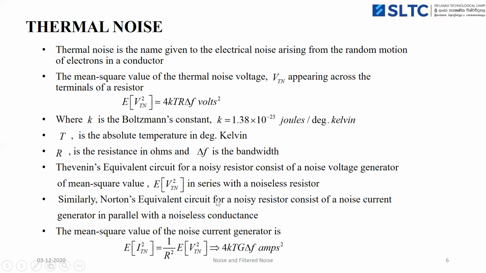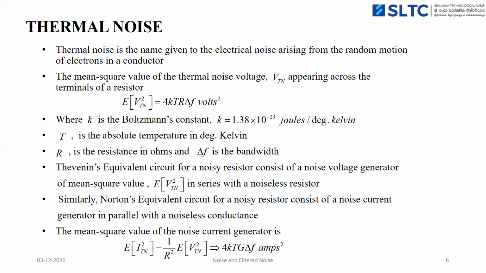Similarly, by using Norton theorem, we can draw the equivalent circuit, which consists of a noise current generator in parallel with a noiseless conductance. Conductance is the reciprocal of the resistance.